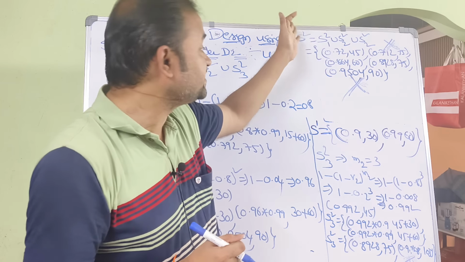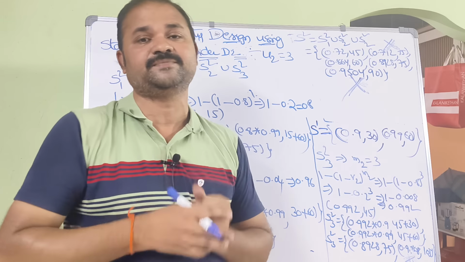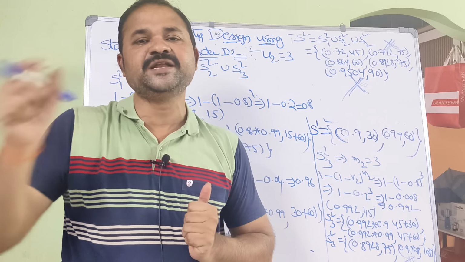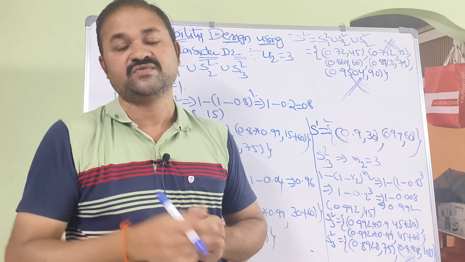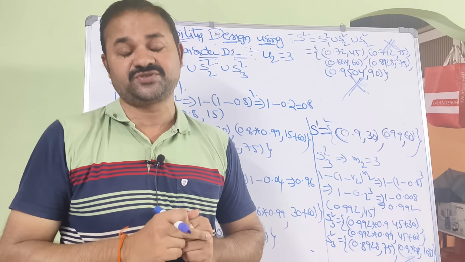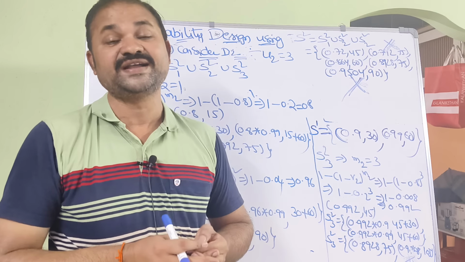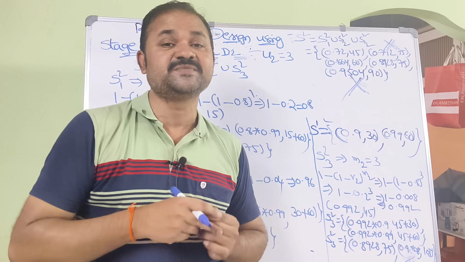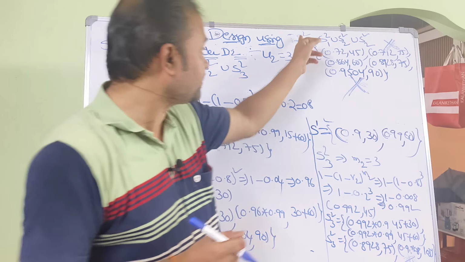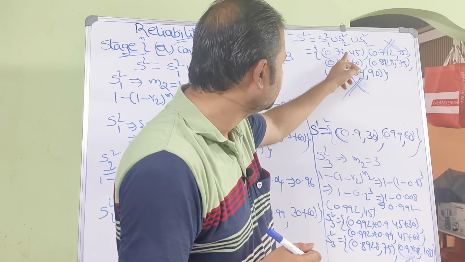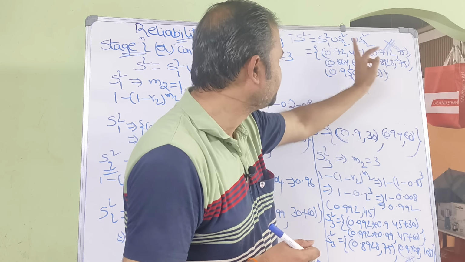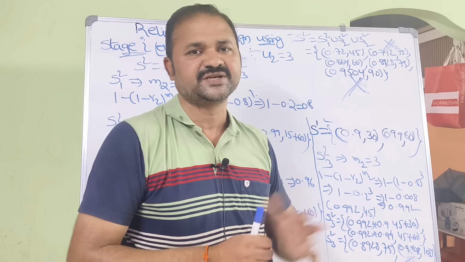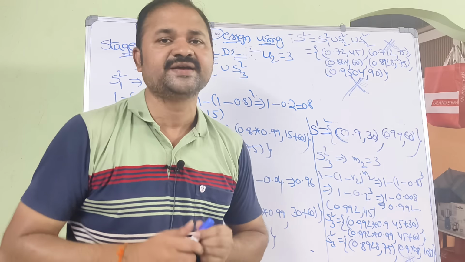Because at the second stage only we got the cost as 90. At the third stage, minimum, if we add one device cost, we will get 110. 90 plus 20, that is third device cost, 110. But the cost of the entire system is 105 only. So now S power 2 contains only these pairs, only 3 pairs. Based on that we have to calculate S power 3.